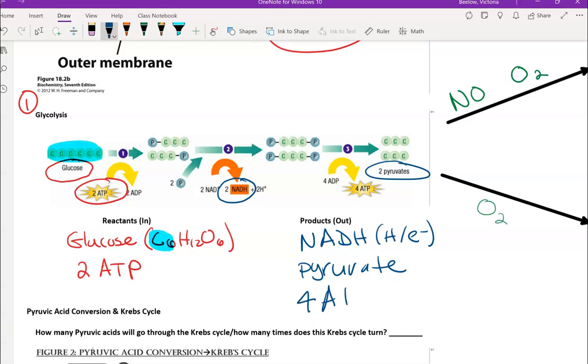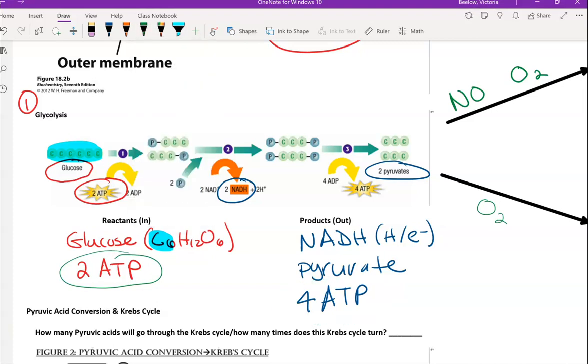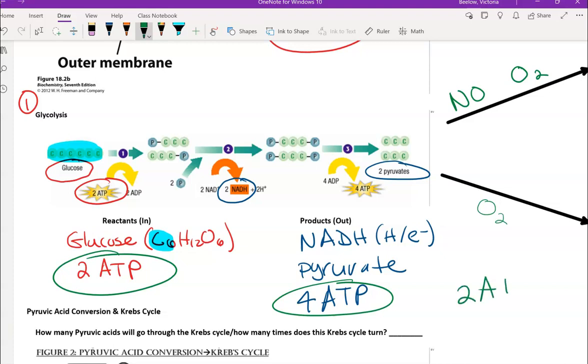And then we get 4 ATP. Now remember, we put 2 ATP in and we got 4 ATP out. So it's kind of like if you spend $2 on a lottery ticket, and you win $4, you really only made $2, or 2 ATP, and this is what we call our net total. And that is glycolysis.